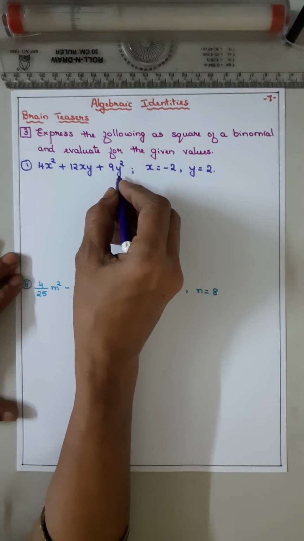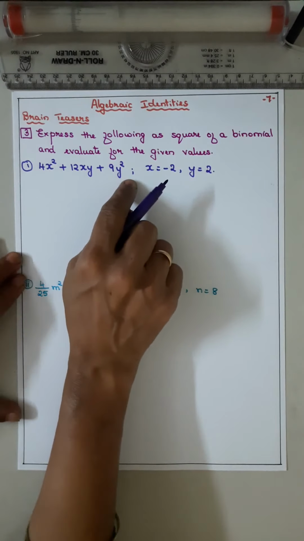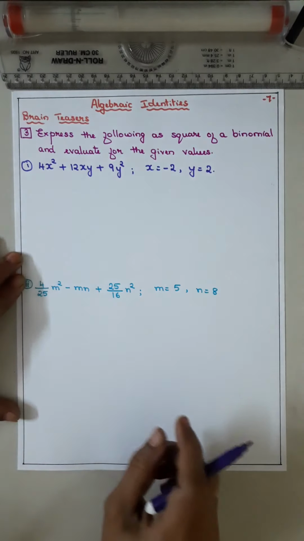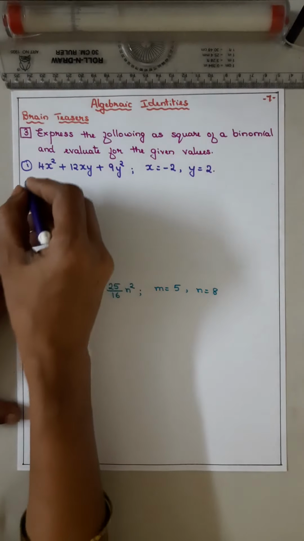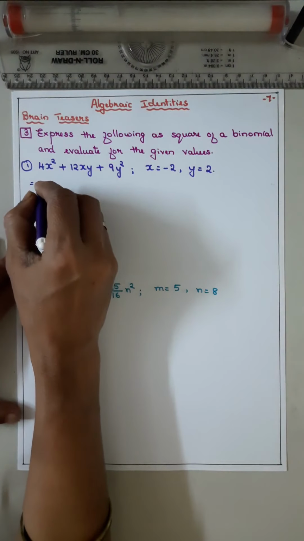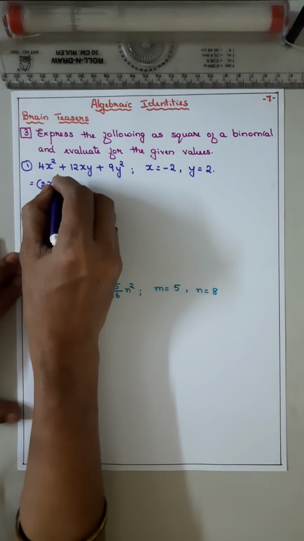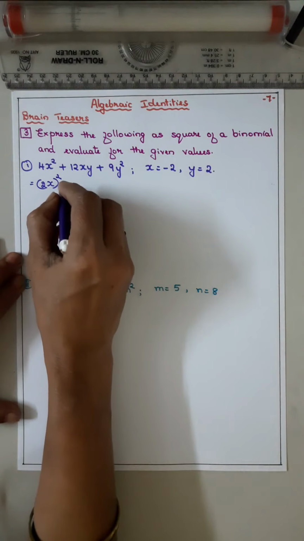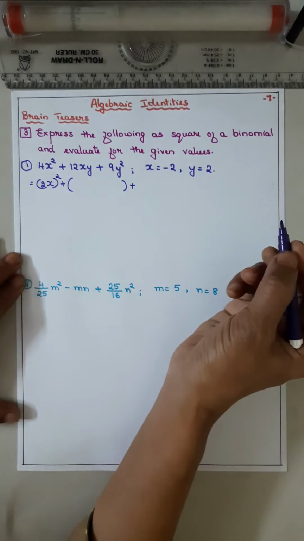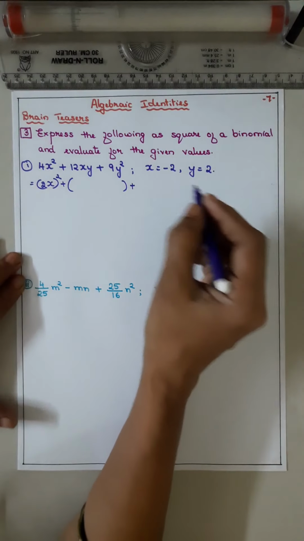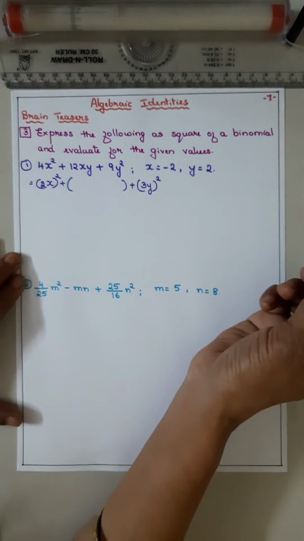So the question is: 4x squared plus 12xy plus 9y squared. The first and the last terms, see whether they are squares. Yes. So you will be writing 4x squared can be written as 2x the whole square, isn't it? Plus, put the bracket in between, and the last one, 9y squared can be written as 3y the whole square, isn't it?